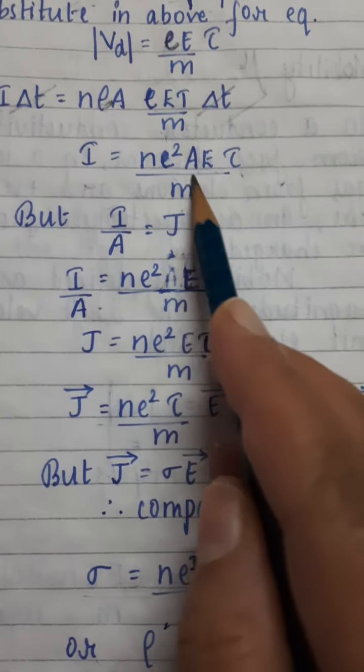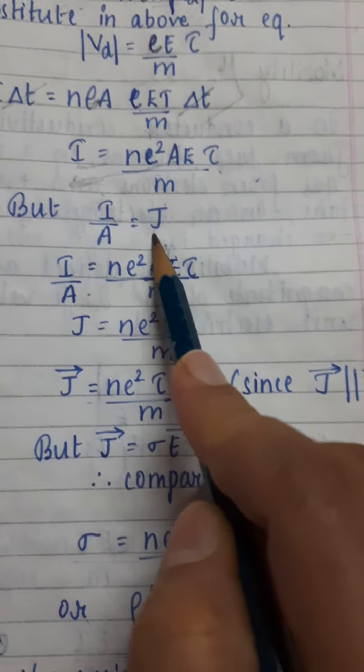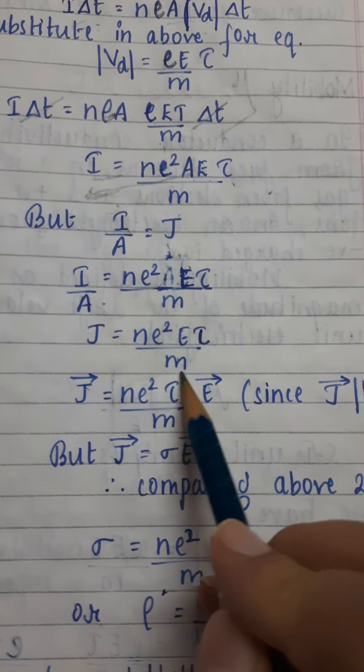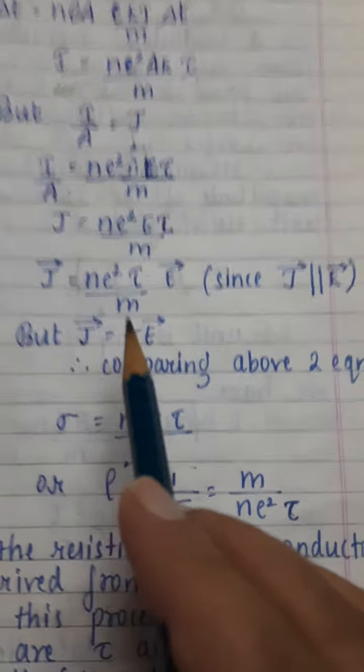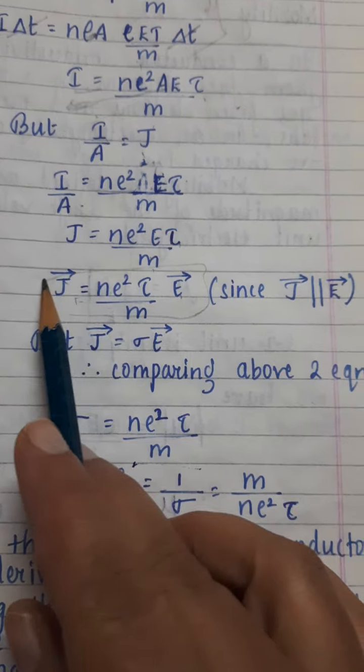Here we substitute I by A, so this A goes to the other side and I by A becomes J. So J is equal to n e square E tau by m. These both are vector quantities, so in vector notation we write it like this.